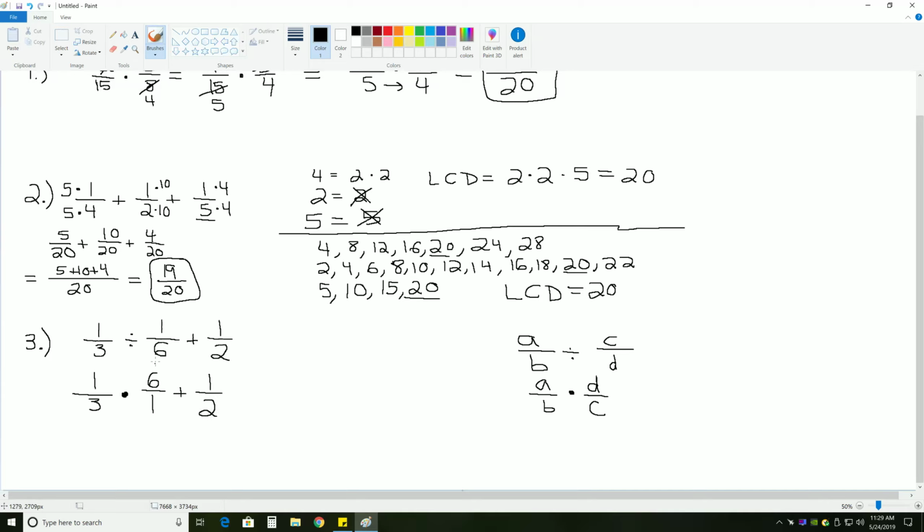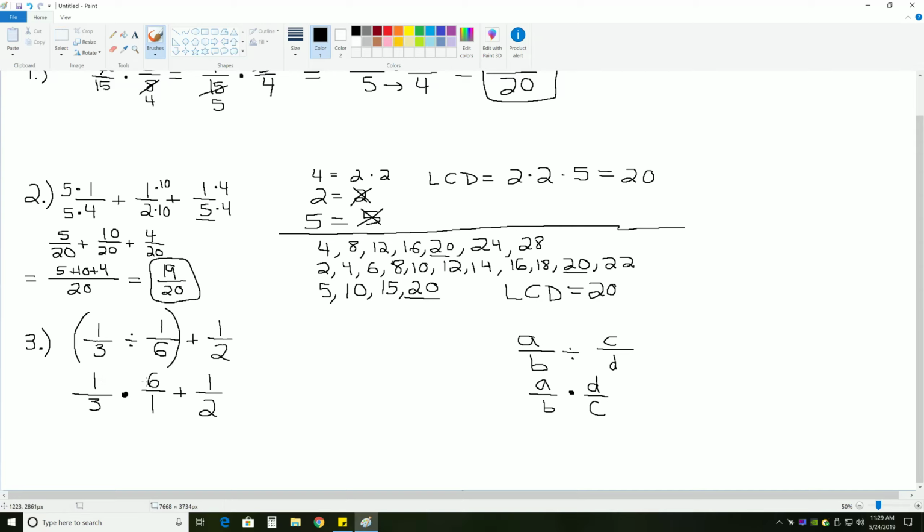Now, before we continue, one thing that I should have mentioned is the reason why we're doing the division to multiplication first. Remember, whenever you deal with order of operations, division and multiplication always come before addition and subtraction, meaning we have to divide these two terms before we can add this 1/2. Okay, so back to it.